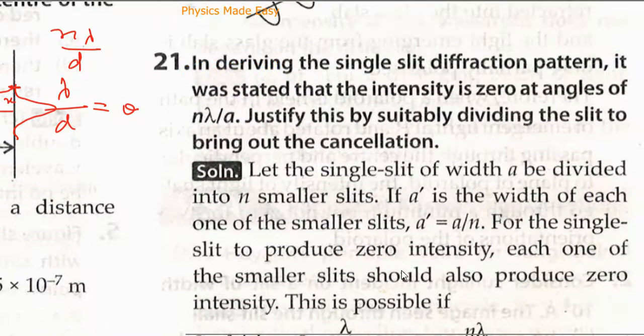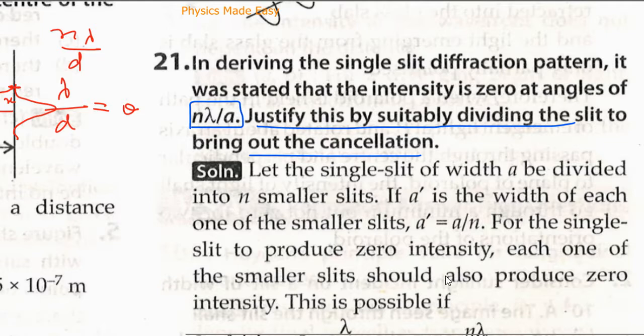Now the last question of this session, which is basically a question based on theory. For a path difference that is an integral multiple of lambda, if the path difference is n lambda, we divide the slit into 2n parts. In this case, corresponding to one part, there exists another part with which it interferes destructively.